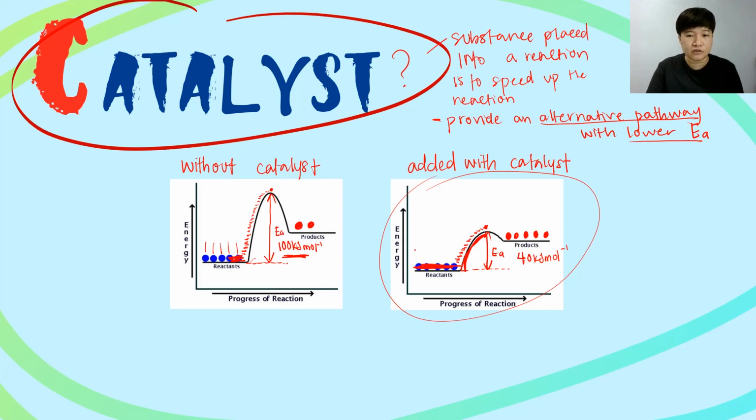But over here, your reactant only needs to achieve 40 kilojoules. So 100 kilojoules and 40 kilojoules, which one is easier to achieve? 40, right? So all of them can achieve 40. That's why all of them become product. Makes sense? So lower activation energy in the alternative pathway, and that is the function of catalyst. What catalyst does is this.